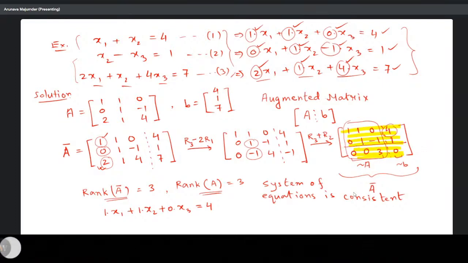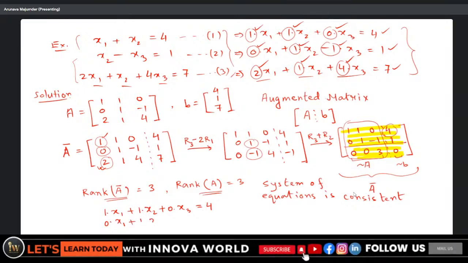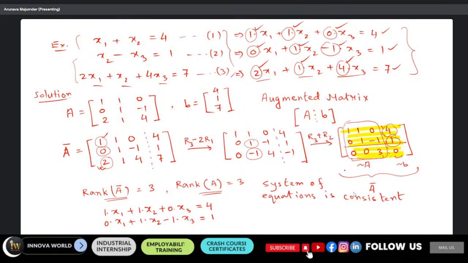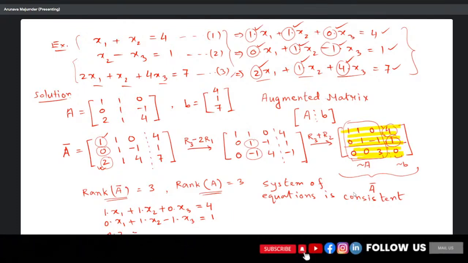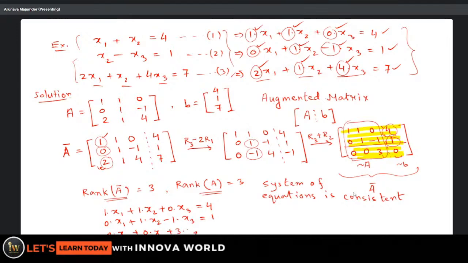From the second row, we can write 0 into x1 plus 1 into x2 minus 1 into x3 is equal to 1. And from the third row, 0 into x1 plus 0 into x2 plus 3 into x3 is equal to 0.